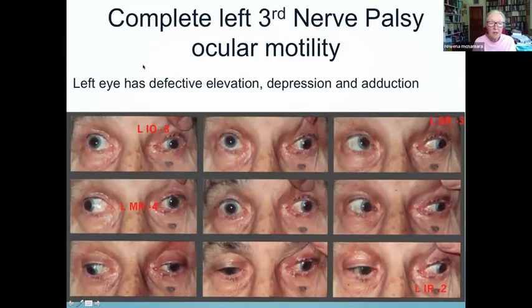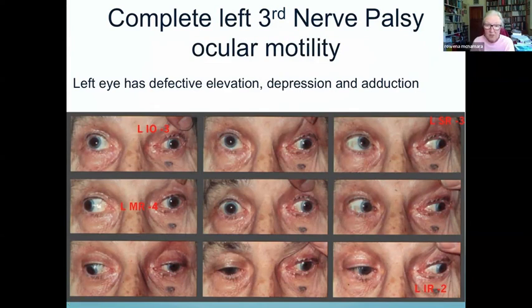Looking at his 9 positions of gaze, I want you to look in the primary position to start with. If you look at the same picture as on the previous slide, he's looking at us with the right eye, and I have lifted his lid with my finger so that we can see the position of his eye underneath the lid.